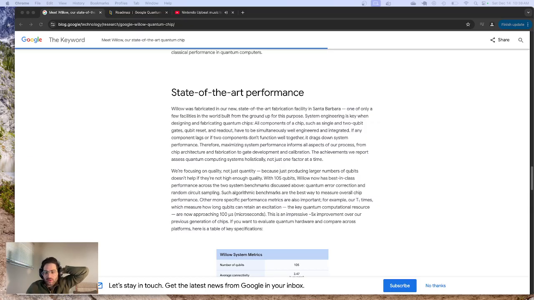Wait, where do we set the category? No, category set. It's really hard for me to tell how loud that is.